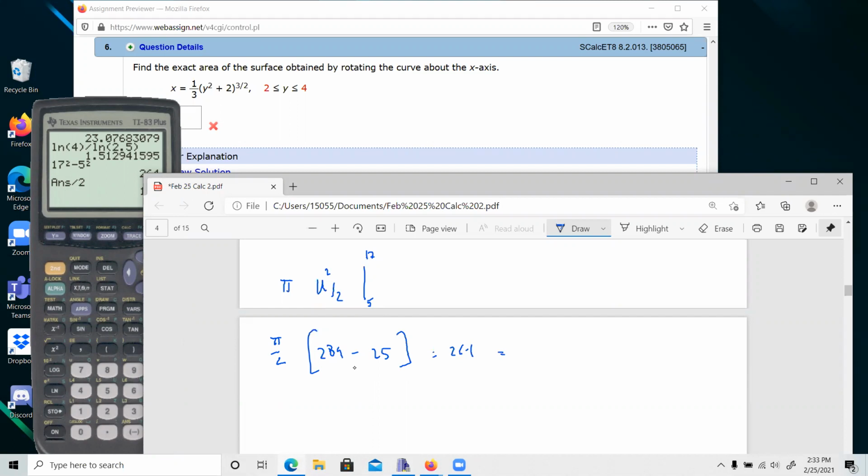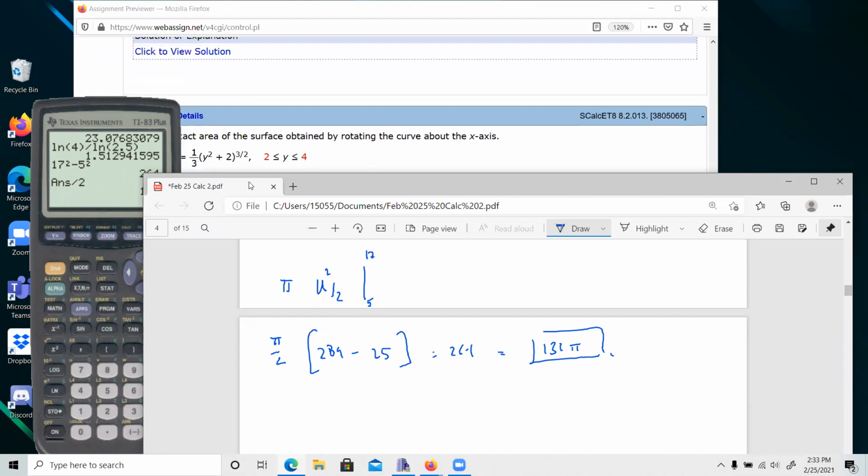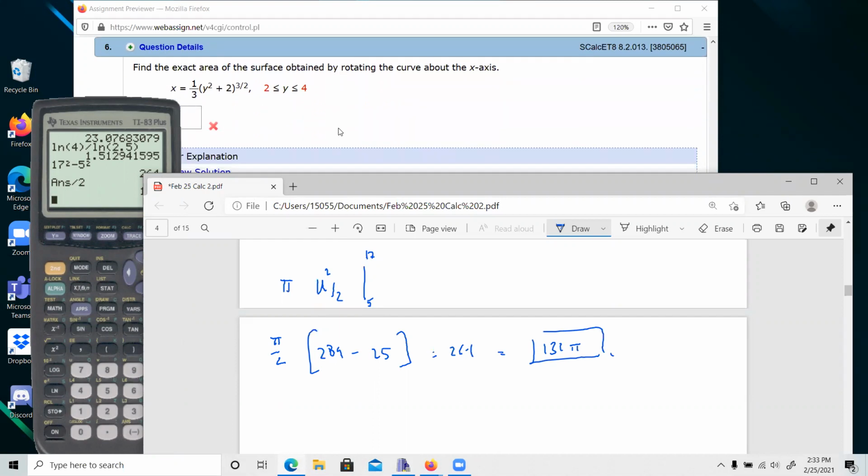All right, so that's going to be 132 pi. Okay, and now that's it. There we have it. Oh, there was a 1/3. No, the 1/3 I took care of it. We're good. We're all good.